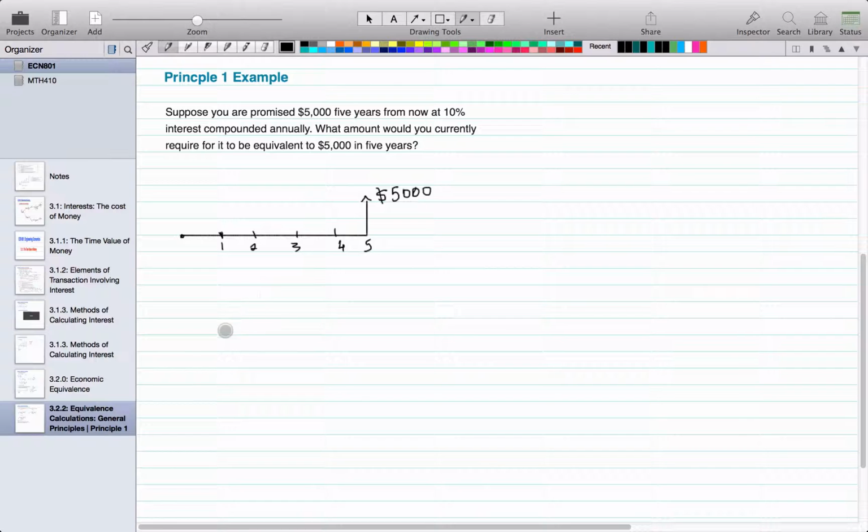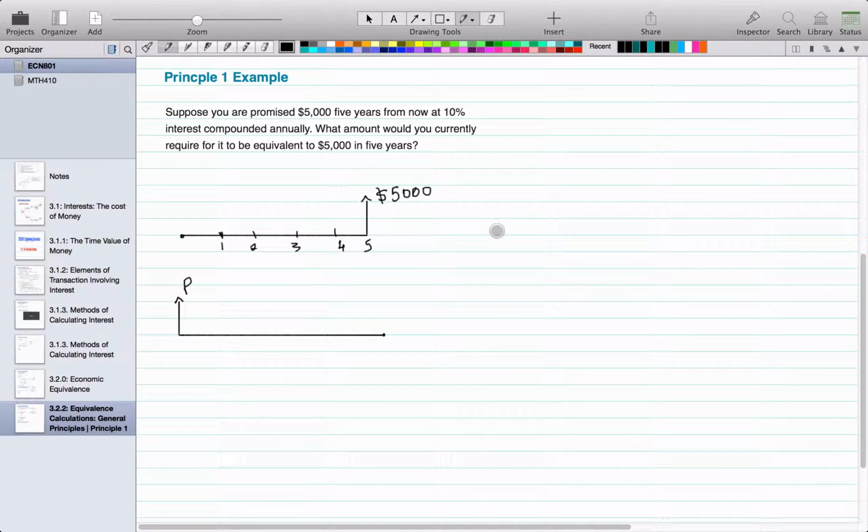This is one cash flow, and what I'm asking is, how much do you need now for the value to be equivalent to $5,000? So what is your present value?